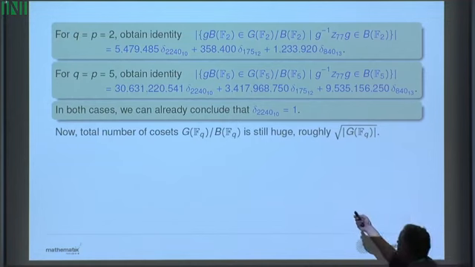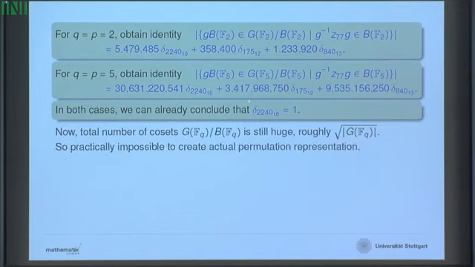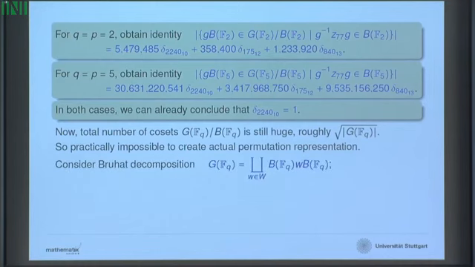Now, for this, we should compute this permutation character. But look at the numbers here. This permutation module is roughly of the size square root of the group order. So it is still out of the question to create this permutation representation. But at least, using the Bruhat decomposition, you can make an iterator, speaking in terms of programming languages.